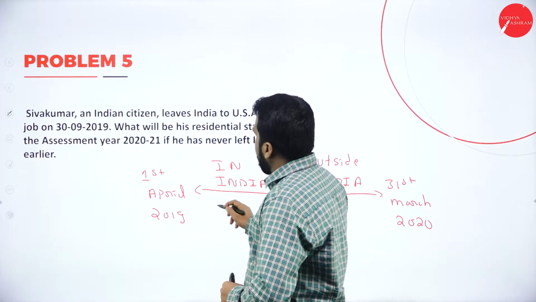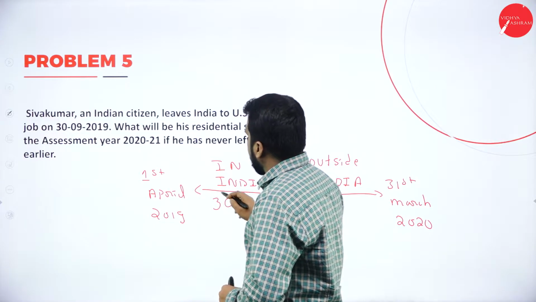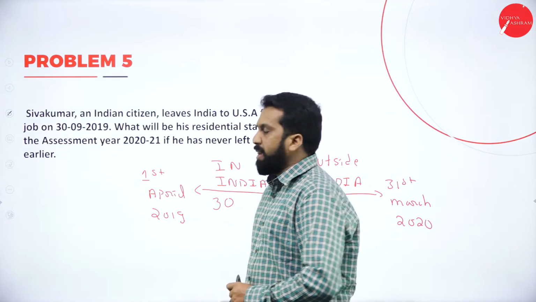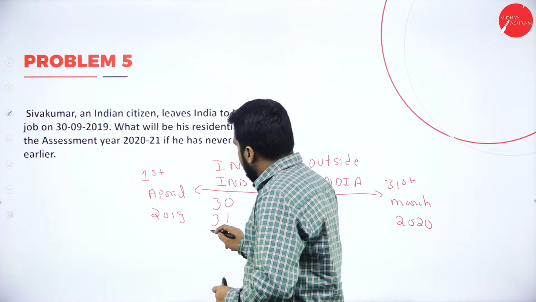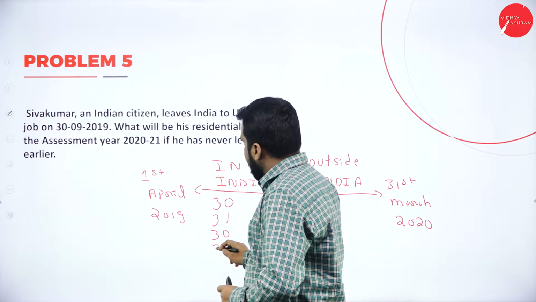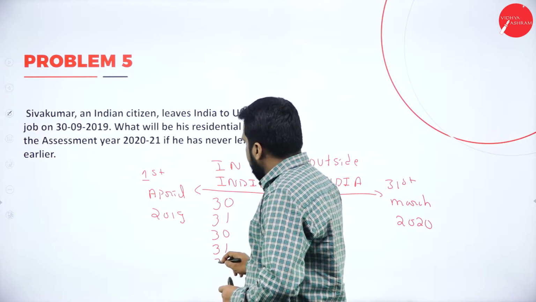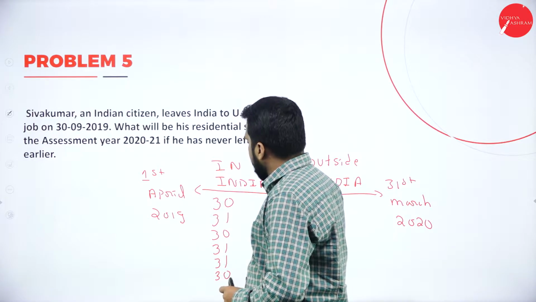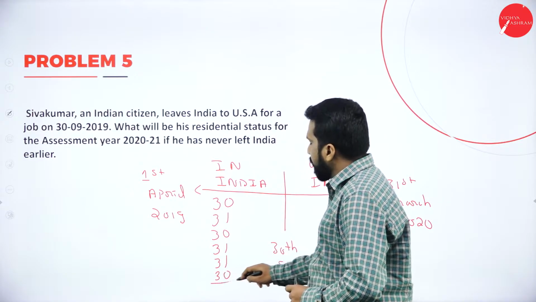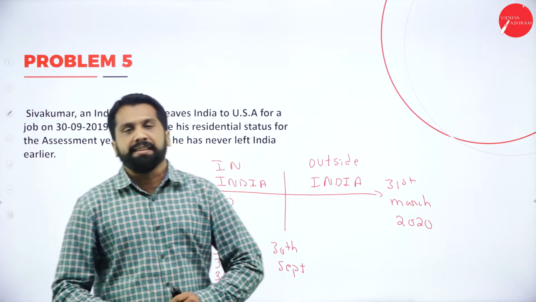April, he was there for 30 days. May, 31 days. June, 30 days. July, 31. August, 31. September, 30. So, up to September 30th, he was in India.